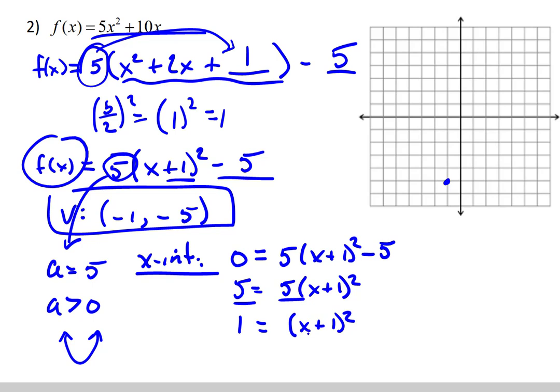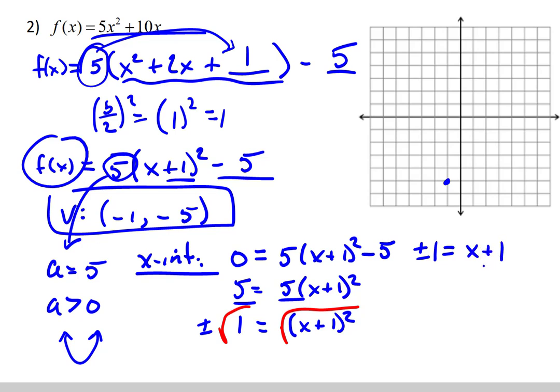Now we want to try to solve for x. As we've seen, we can do this by the square root property, which would involve us taking the square root of both sides of our equation. But don't forget we have to have this plus or minus when we take the square root of 1 on the left side of our equation, which means ultimately we have here plus or minus 1 equals x plus 1.